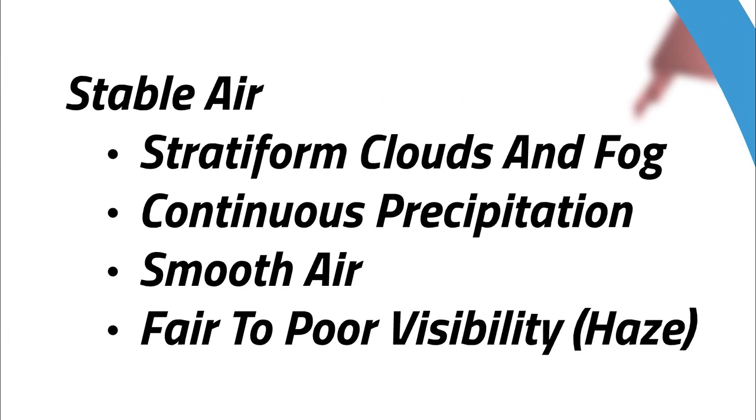Stable air means that, of course, you're not allowing this vertical movement so much in the air. It's indicative of temperature inversions where warmer air actually gets on top of cooler air.